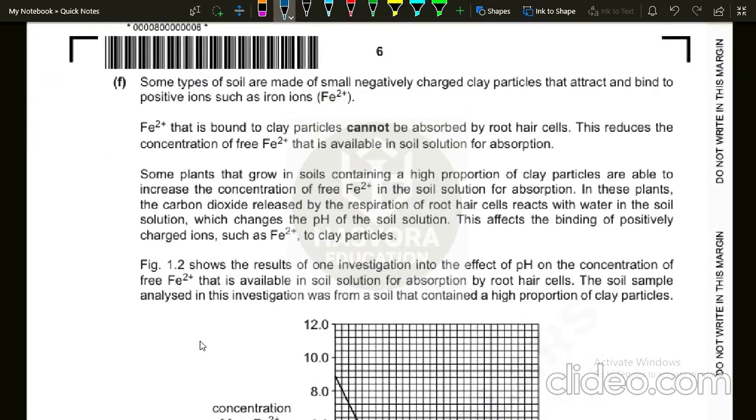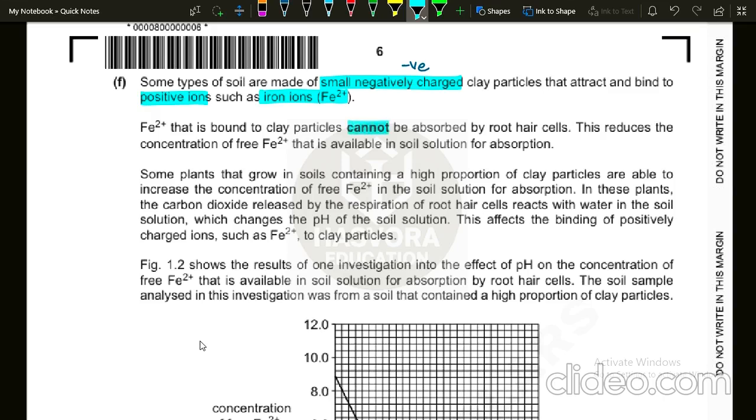Then part F has a very big story. Okay, let's read it first. So some types of soils are made of small negatively charged clay particles that attract and bind. So they have given you that the clay particles are negatively charged, so that attract and bind to the positive ions such as the Fe2+ or the iron cation. Fe2+ that is bound to clay particles cannot be absorbed by the root hair cells.